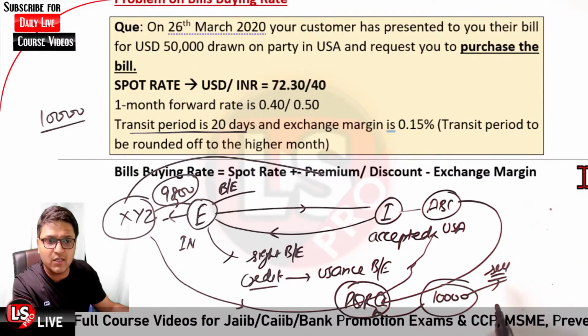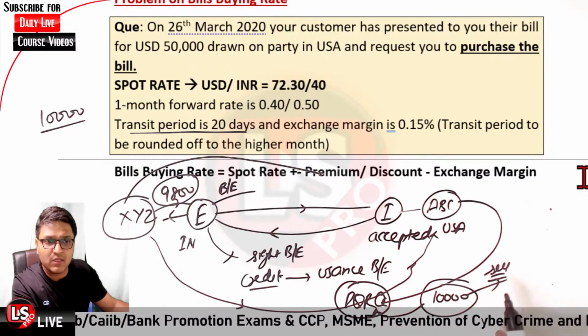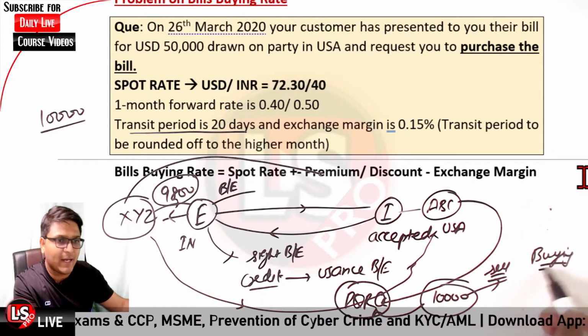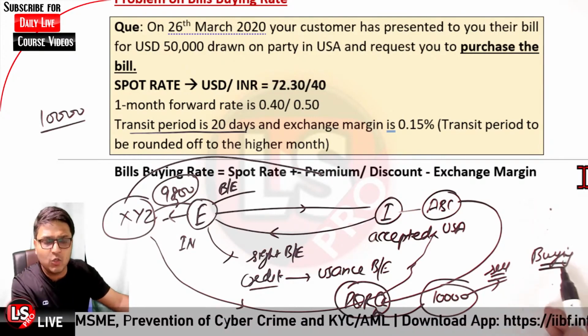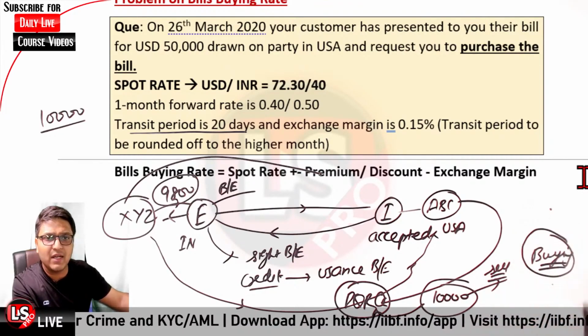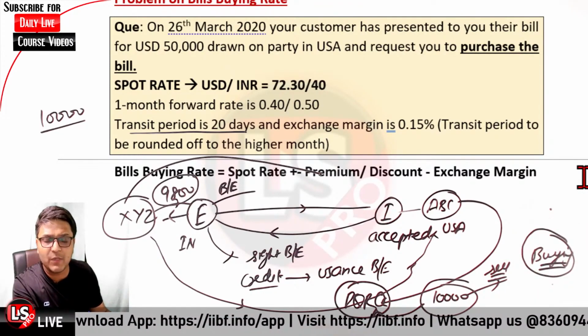The bank will be selling 10,000 USDs, and the rate quoted will be the buying rate. So we get to know what rate is to be used. It is the bills buying rate that is to be used in this particular case.